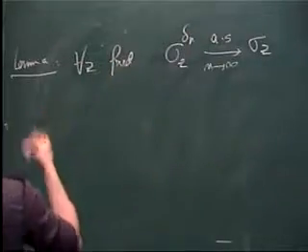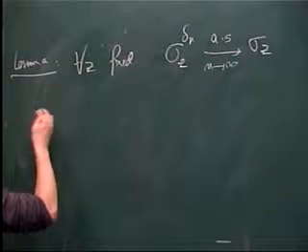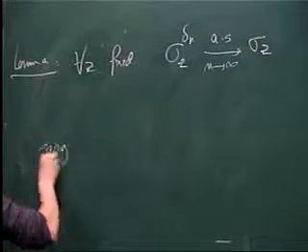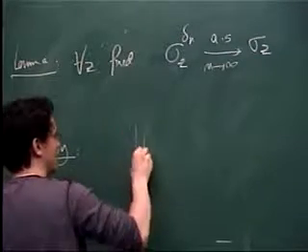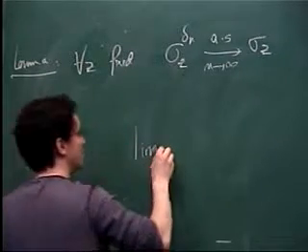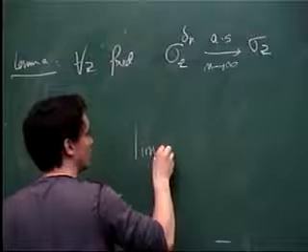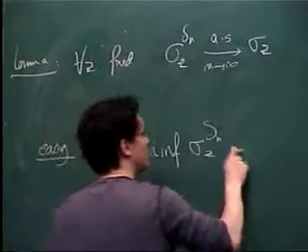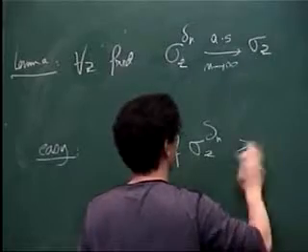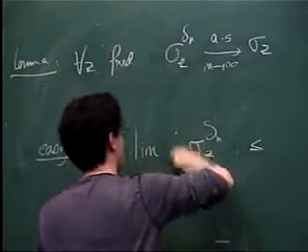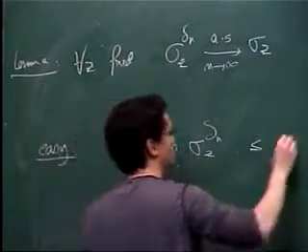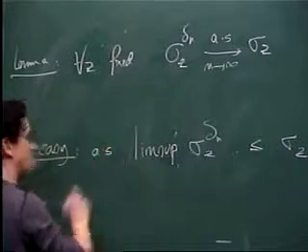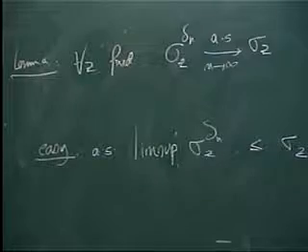So what could go wrong? Of course, what we know is that there's an easy thing, which is that the lim inf of the sigma delta n z is smaller than sigma z almost surely. Why is that?